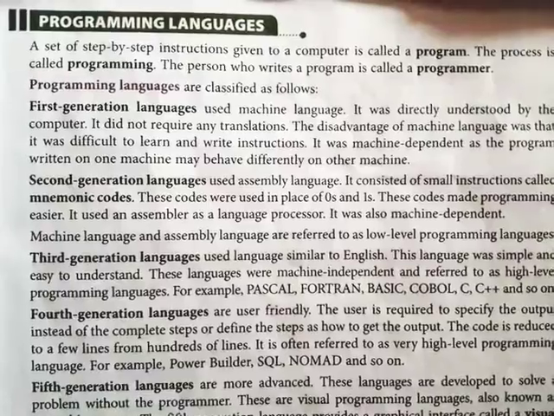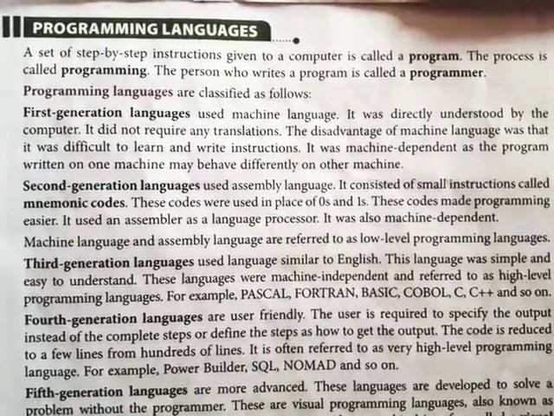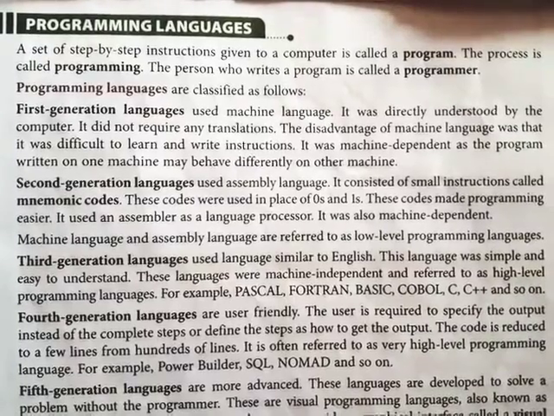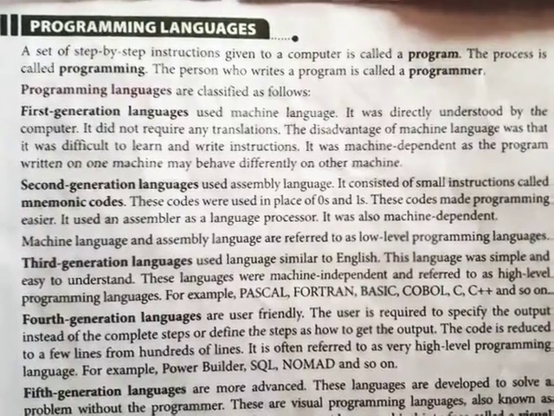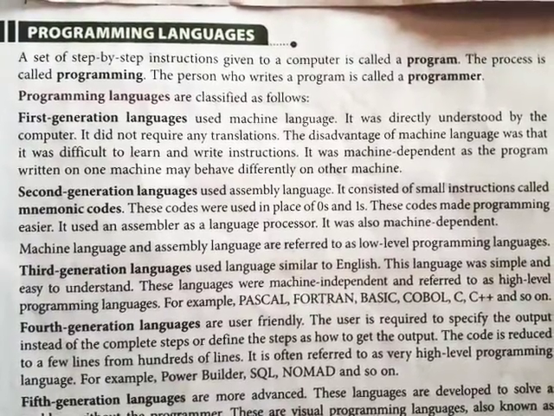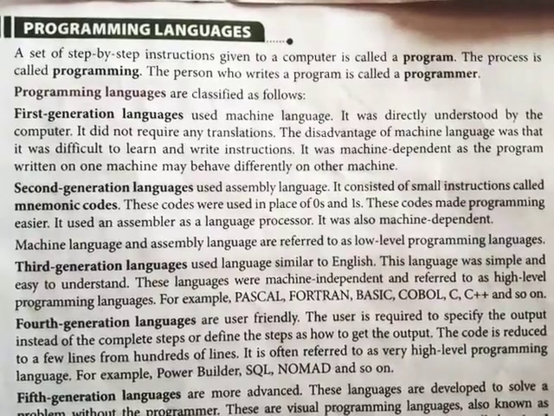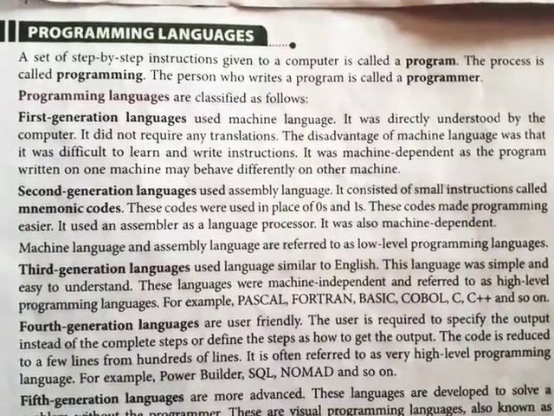Now let us learn about programming languages. A set of step-by-step instructions given to a computer is called a program. So dear students, remember the definition of program. It is very easy.